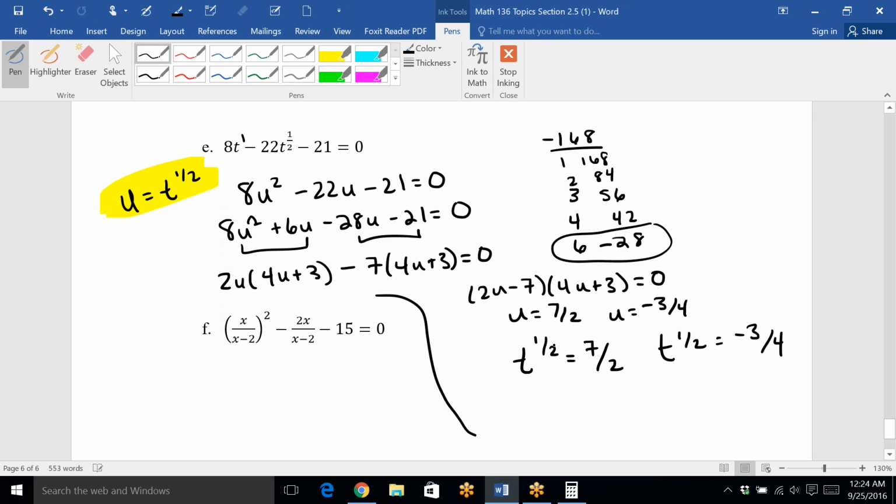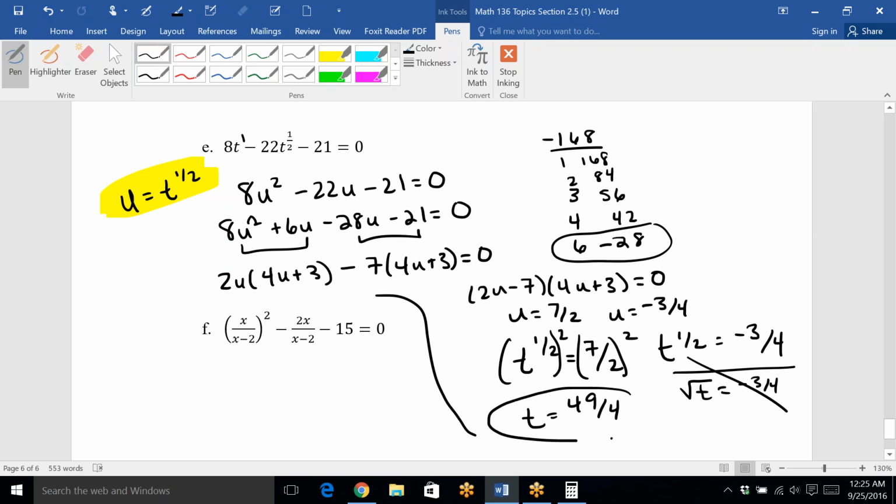We would try to get rid of these 1/2 powers by squaring both sides, but unfortunately this doesn't even make sense because this actually says the square root of t equals negative 3/4. We don't allow the square root, unless this has a negative sign in front of it, to equal a negative number. So this one actually gives us no solution, but we can square this side. So if we square both sides, that would give us that t is 49/4.